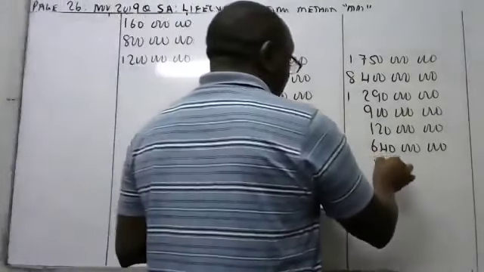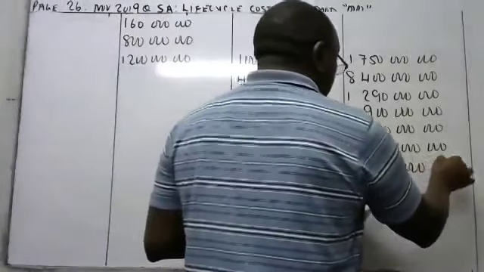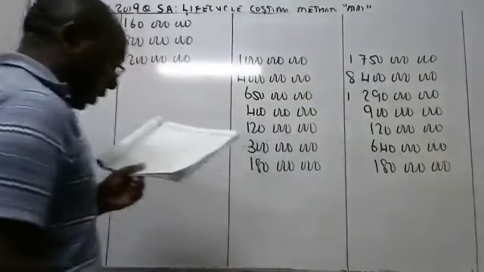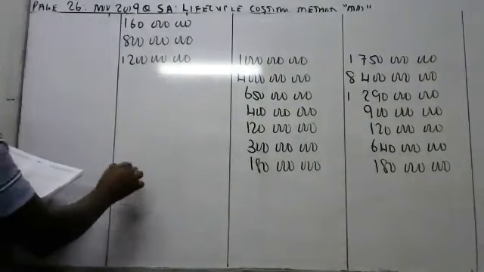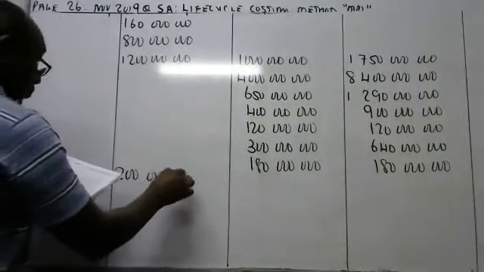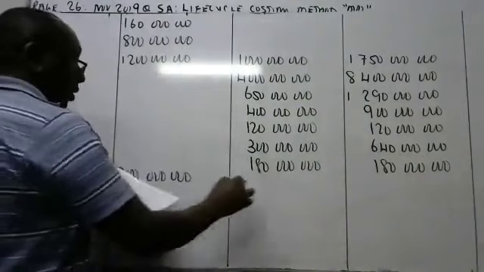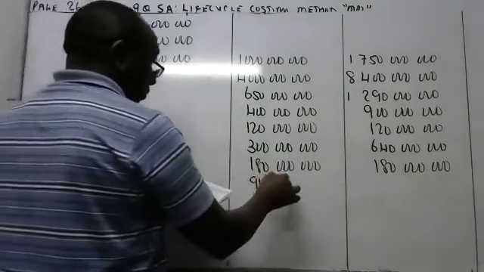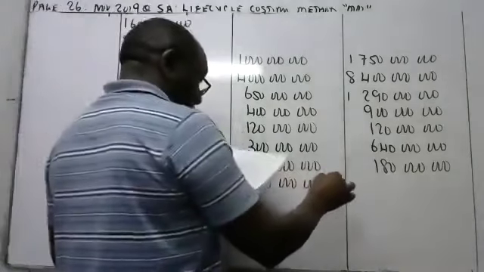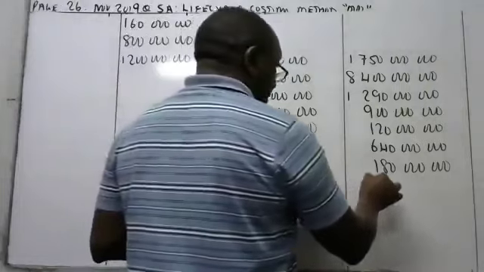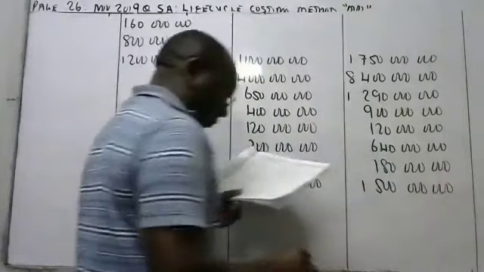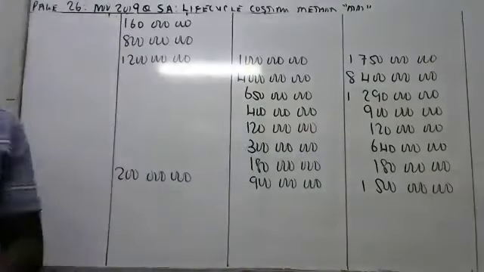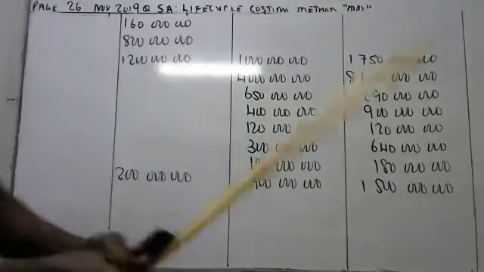Then hii tuko na 200. 900. Na tuko na 500. We ignore the time value of money.